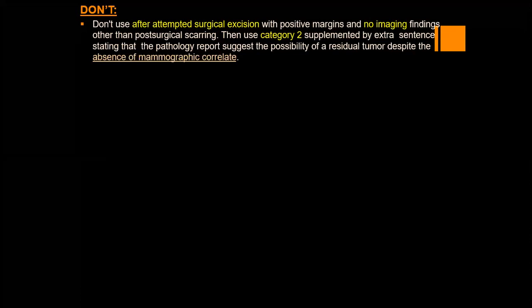We have to report it as BI-RADS 2 because the findings are only post-operative changes. But we have to add a sentence stating that the pathology report suggests the possibility of a residual tumor despite absence of a mammographic correlate. We have to describe what we have seen only. If we did not see it, we cannot.